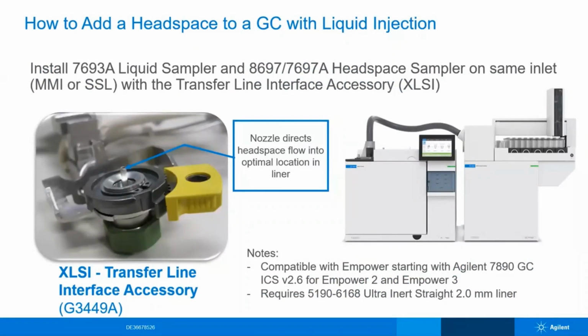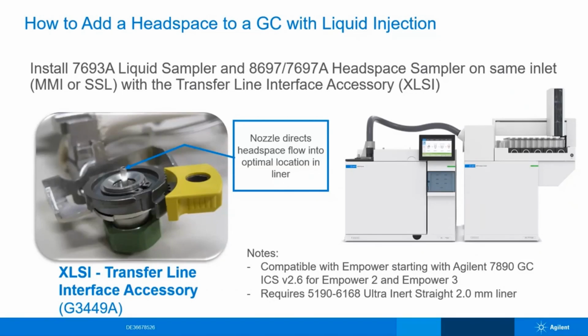Many folks will also ask, well, I already have a system with a liquid sampler on it. Why would I want to buy a whole different GC just to run Headspace samples? And the answer is you don't. Agilent has developed the transfer line interface accessory, shortened to XLSI, which allows you to run both liquid samples as well as Headspace samples on the same GC, on the same inlet.